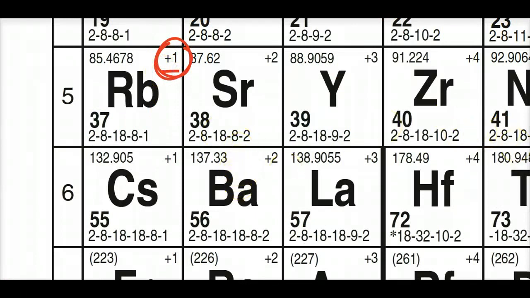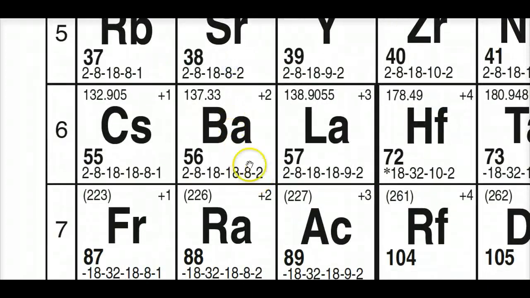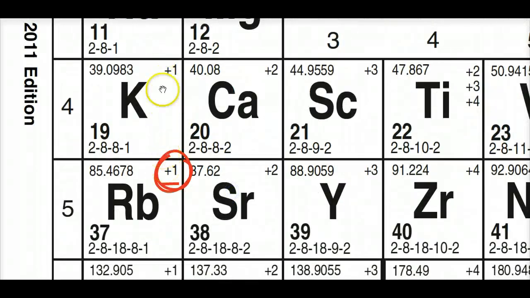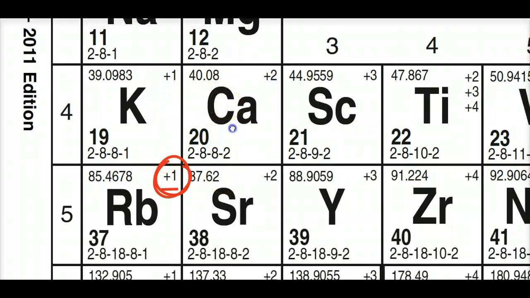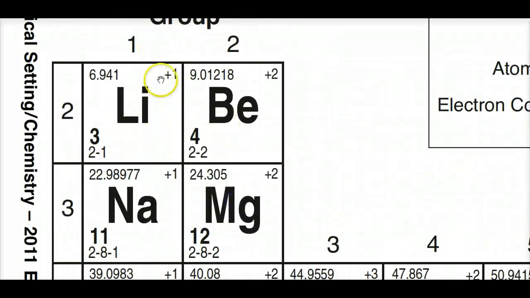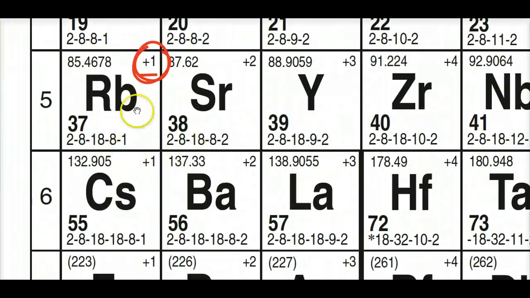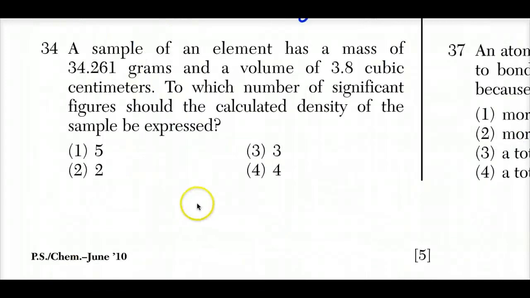Okay? Radium, which is a group 2 element, has +2. Remember, group 1 ions only have one choice, +1. Group 2 ions, notice the group numbers, are all +2. So the one that becomes +1 is rubidium, and it's proven there by its oxidation state. Okay, 34.